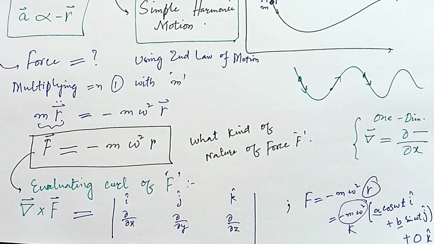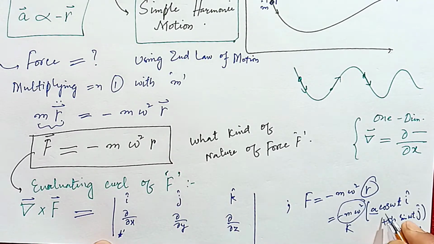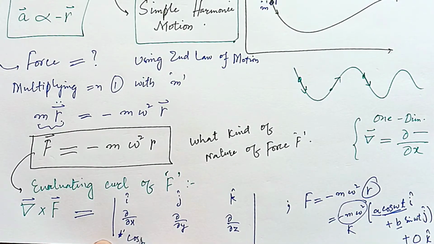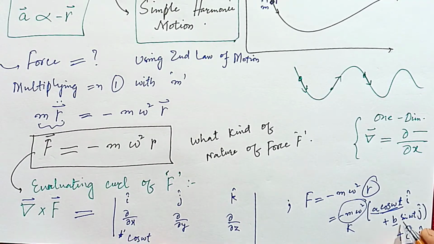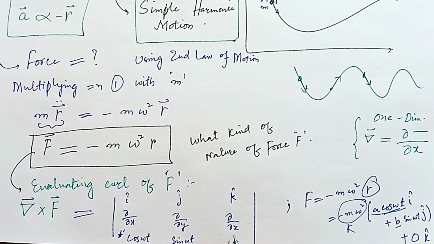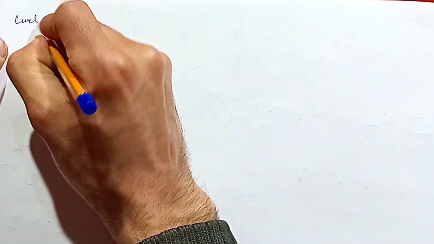So we will be getting some constant, say a prime, times cosine omega t along the i-axis, plus some constant b prime times sine omega t along the j-axis, and along the k-axis, the z-axis, it is 0 because it is absent here. So in short, what will be the curl of force?